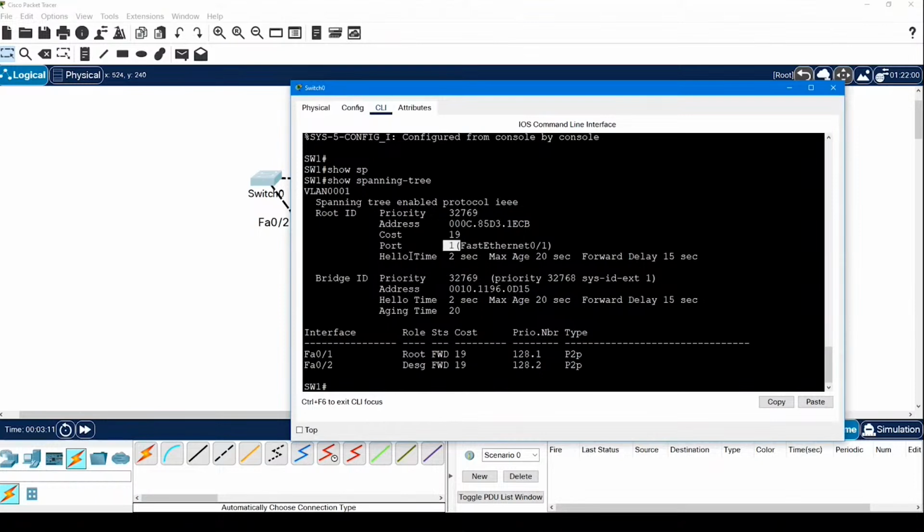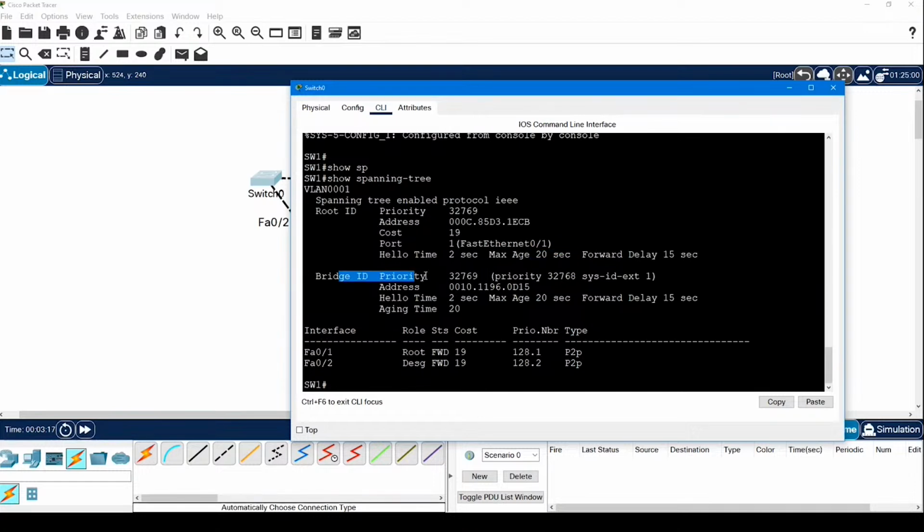After that, there is information about timers. Then we have the information about the local switch. On this switch, which is switch 0, the priority is again 32769. The MAC address of this switch is 0010 and this value. Again, it is telling you about the timers. Then we have the aging time, which is 20 seconds.